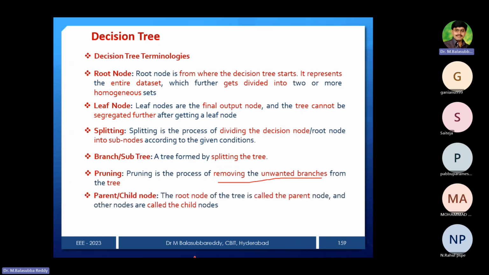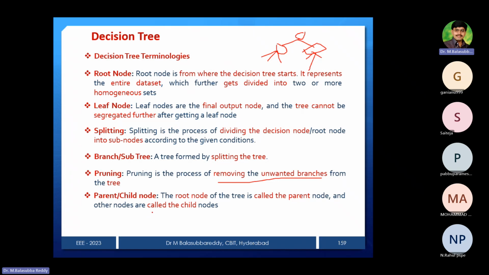And there is a parent or a child node. The root node of the tree is called the parent node. I already mentioned this previously. The first one is nothing but a root node, or you can say it is a parent node. Like that, we are able to divide into parent and child nodes.